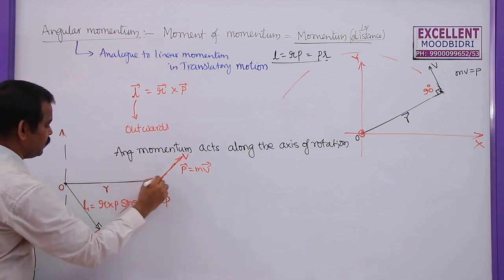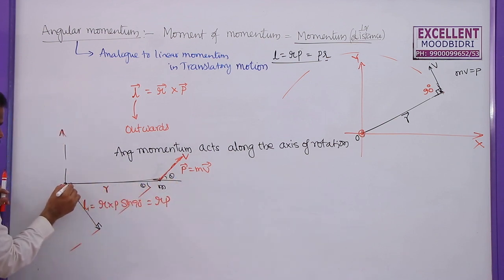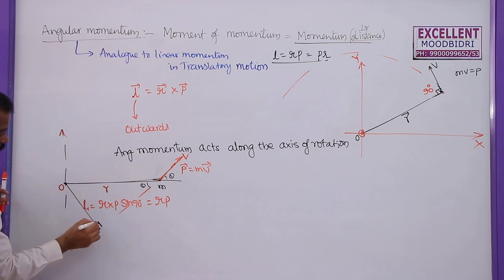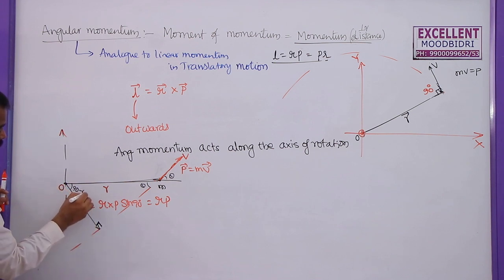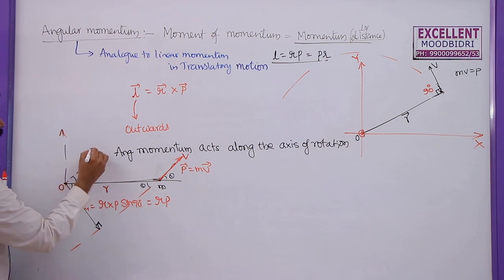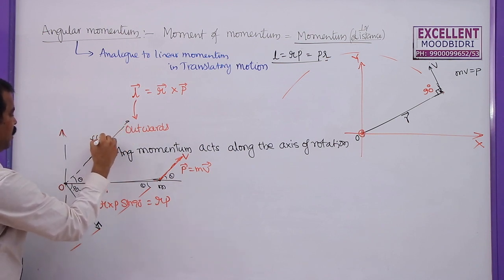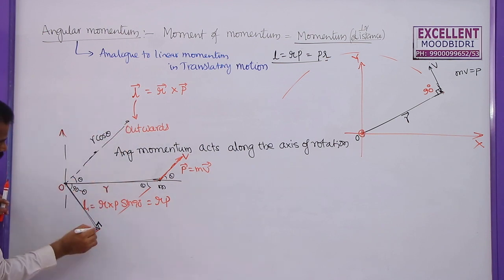If this is r, and this angle is theta, then this will be 90 minus theta, because this is 90, and this component here becomes theta. So this component will become r cos theta, and this component will become r sin theta.